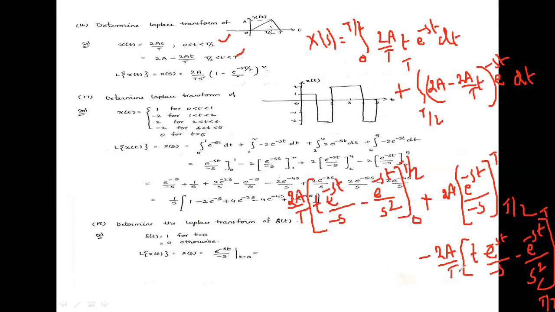Now you can apply all the terms. So I take 2a by t as common, the t into e power minus st by parts with the limitations of t by 2 and 0. And here the two terms are there. I'm taking the first term, 2a into e power minus st dt, with the limitations of t and t by 2. And second term, there is a minus 2a by t, t into e power minus st by minus s, and the by parts I applied.